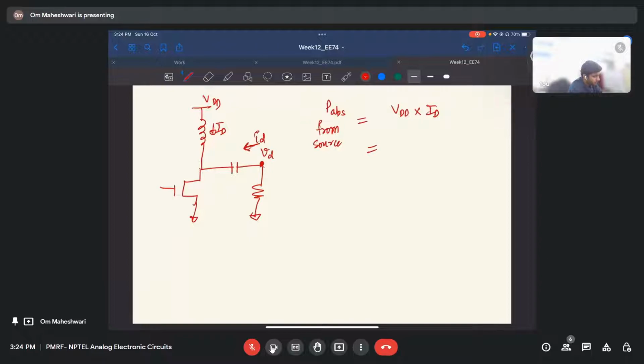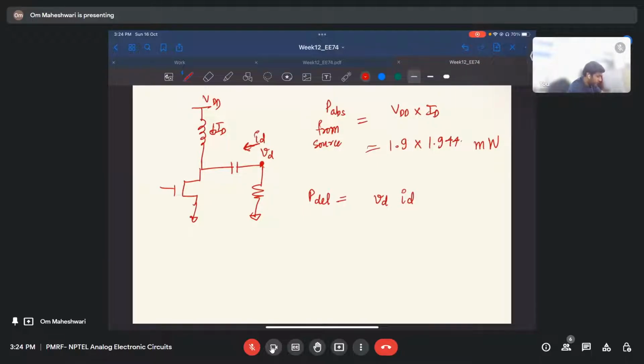It is VDD, 1.9, into 1.944 milliampere, in milliwatts. I did not solve it. Write it like this. Power delivered will be VD ID.